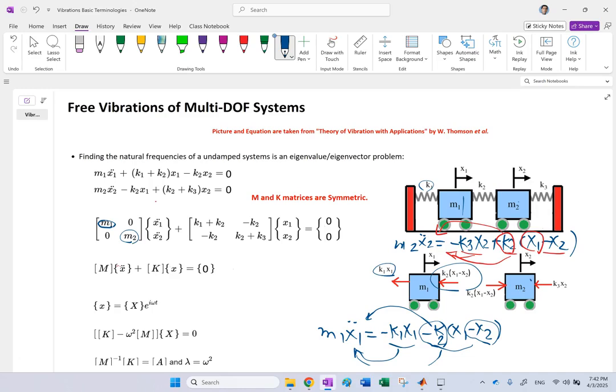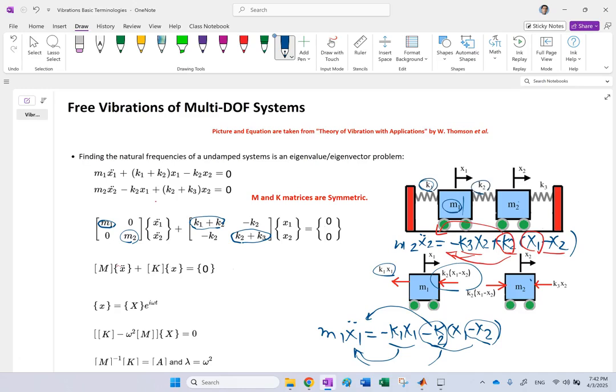Now about K, look at the K. The diagonal elements are going to be what? The diagonal elements are the sum of the spring constants that are attached to that mass. If you look at M1, which springs are attached to it? K1 and K2.